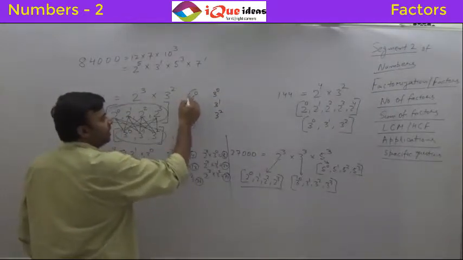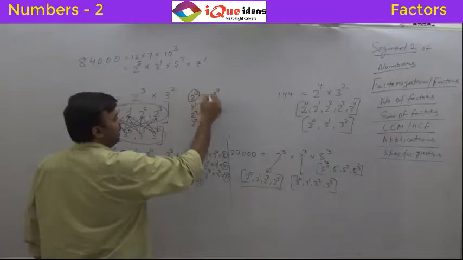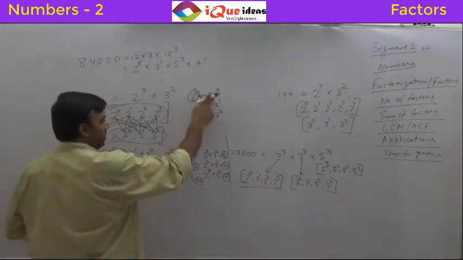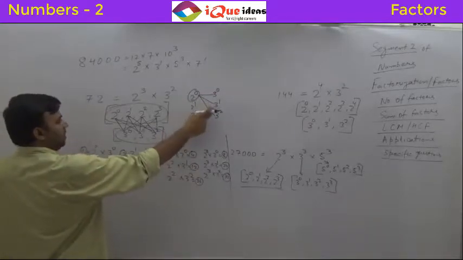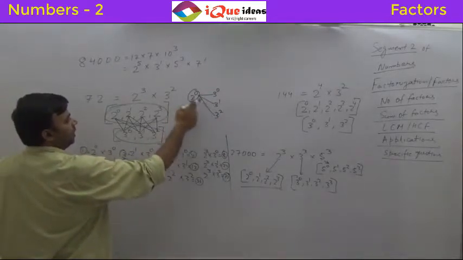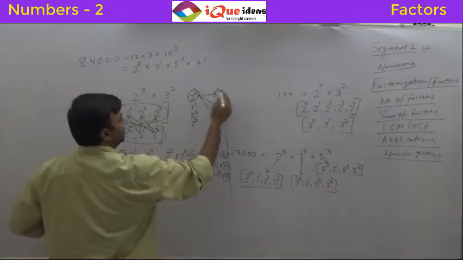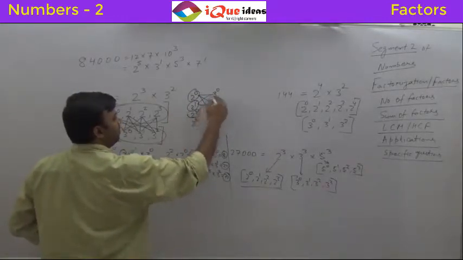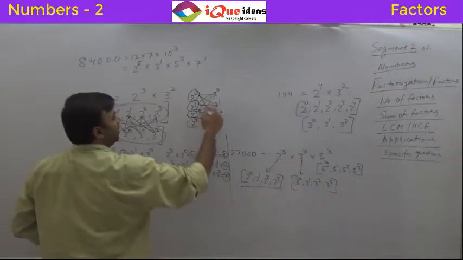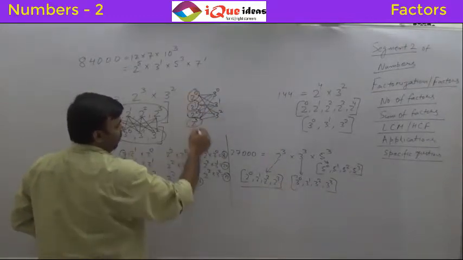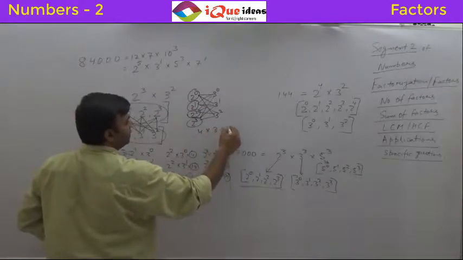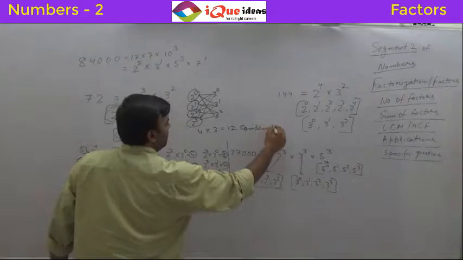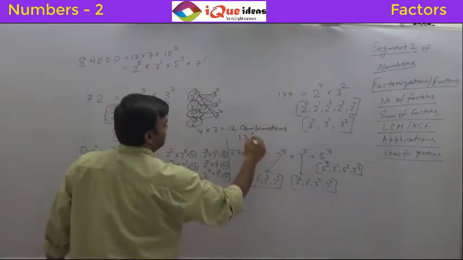If I take 2 to the power 0, 3 combinations can be created: 2 raised to 0 into 3 raised to 0, 2 raised to 0 into 3 raised to 1, 2 raised to 0 into 3 raised to 2. So for 2 raised to 0, 3 combinations. Similarly, 2 raised to 1, 3 combinations. 2 raised to 2, 3 combinations. 2 raised to 3, 3 combinations. So total 4 into 3, that is 12 combinations. Hence 12 factors. 12 combinations, 12 factors. Right?